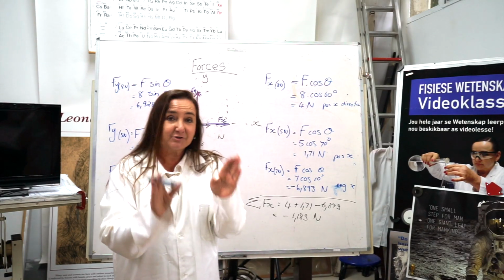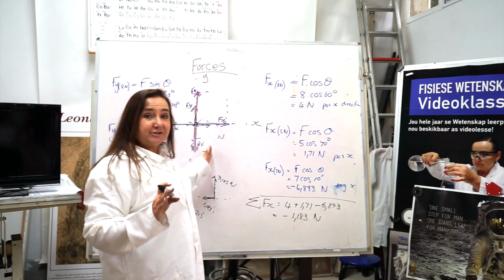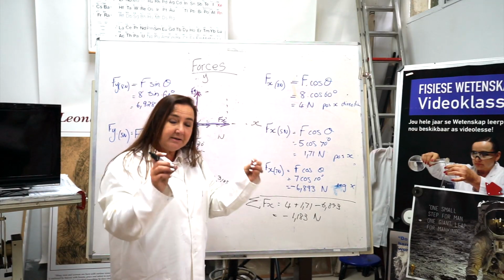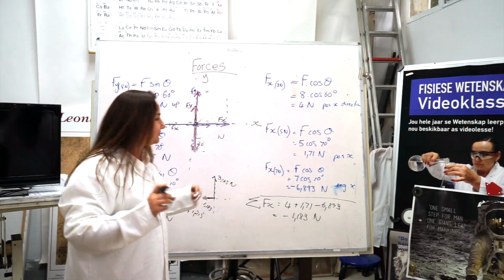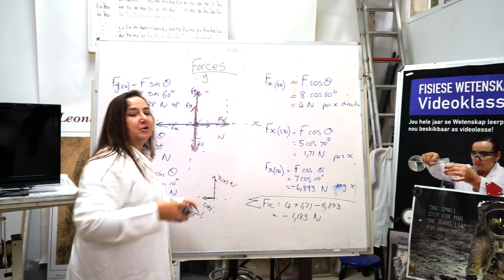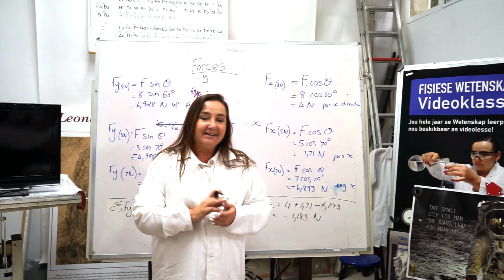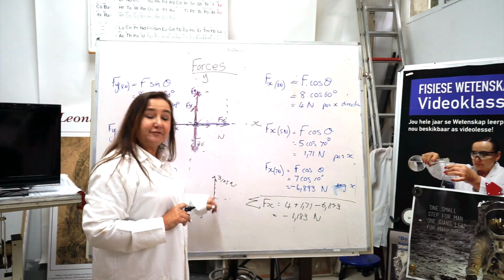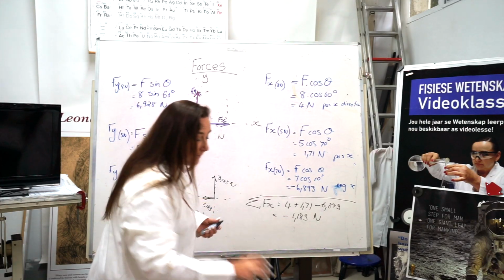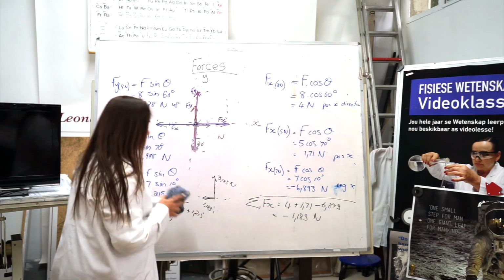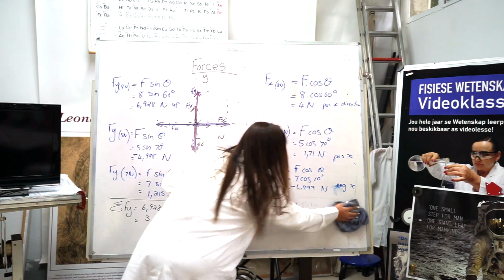We're not finished. Why? Because they've asked you for the one vector, the resultant vector of all 3 of those vectors working together. So at this stage, we only have 2 left. We still need to get just 1. So what are we going to do now? Sorry guys, I'm just going to have to take this out.